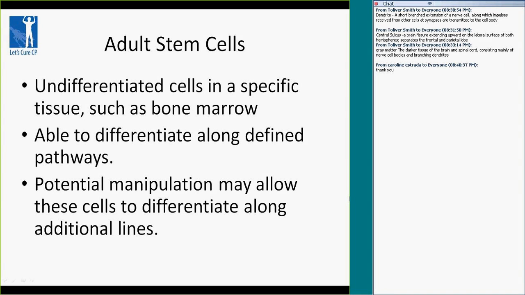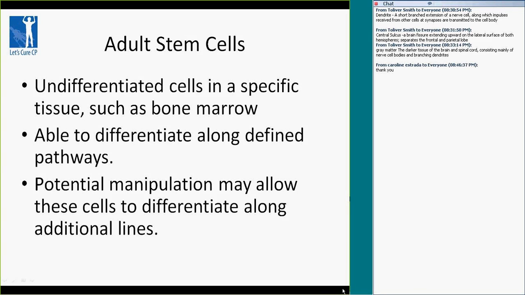Now, adult stem cells, these are what we primarily work with in our lab at the Medical College of Georgia. They're undifferentiated cells in a specific tissue, like bone marrow cells. We work extensively with bone marrow cells. They differentiate along defined pathways, which means we know a lot more about how they develop, how they turn into different cells, all of the different signaling in that process.